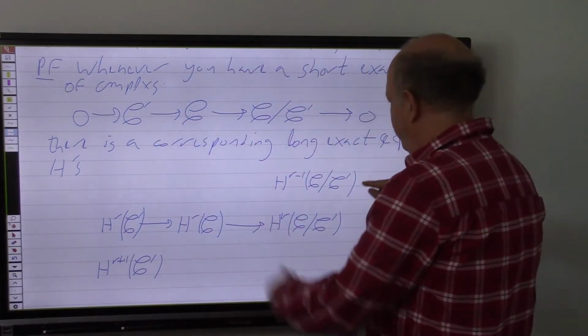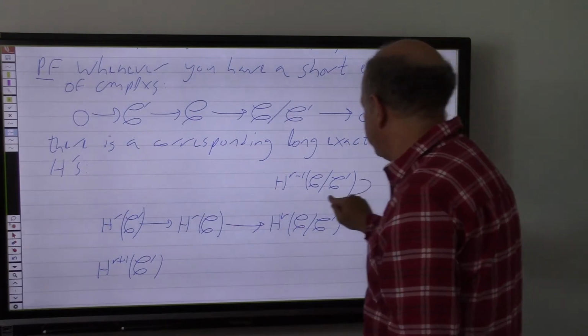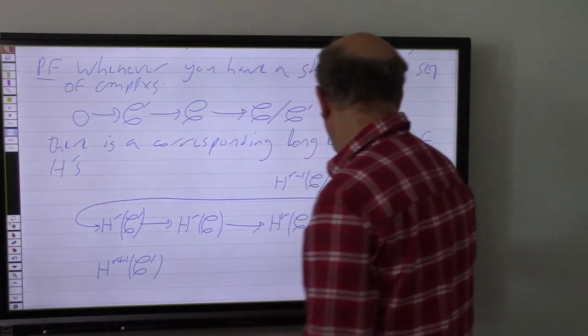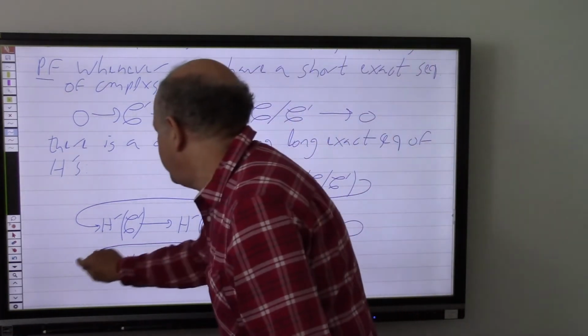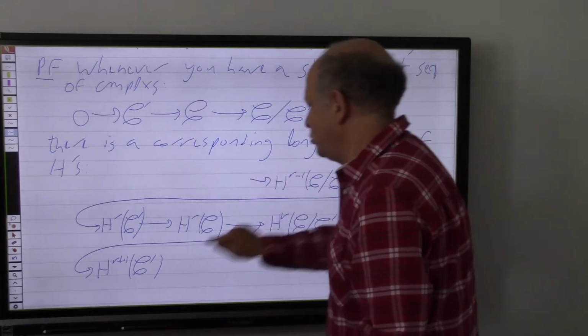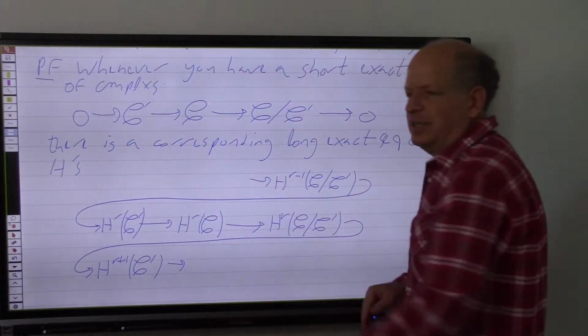And they all fit together into a long exact sequence. So there is a map going from here to here, and a map from here to here, such that the sequence you thus get is exact.